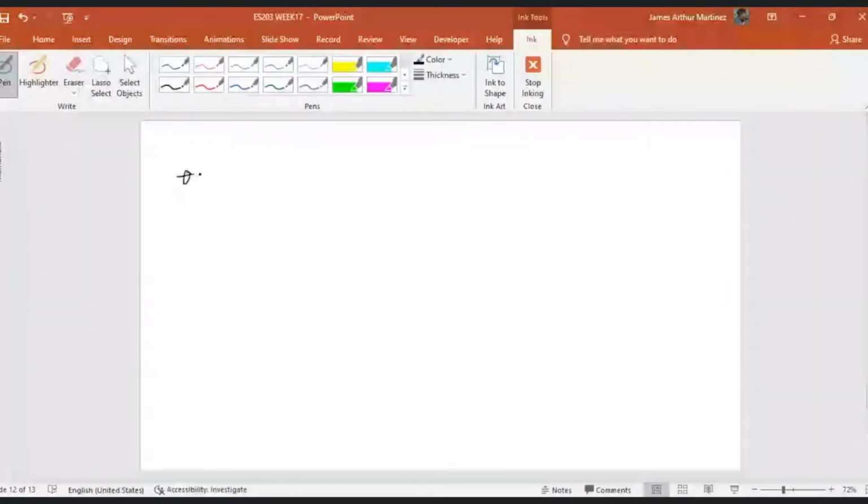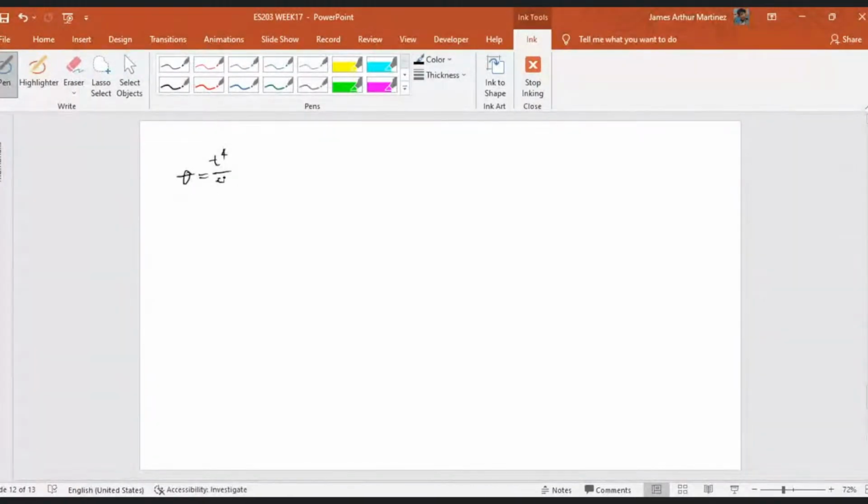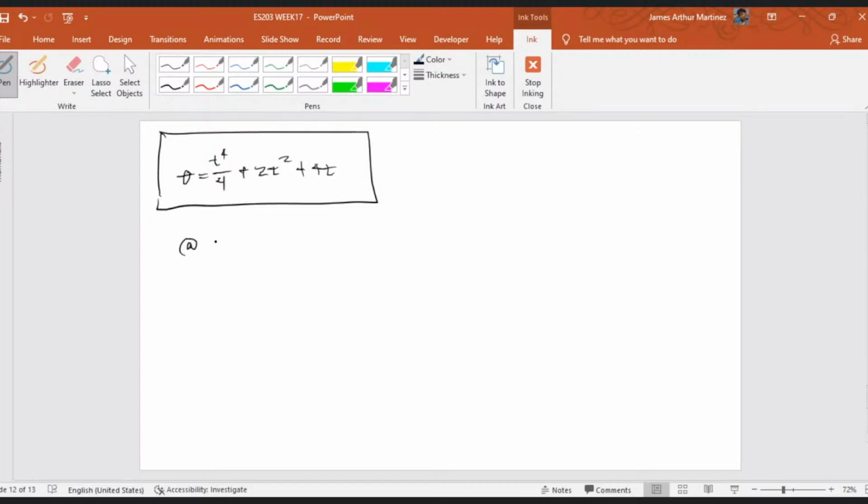Theta or angular displacement is equal to t raised to 4 over 4 plus 2t squared plus 4t. So we now have the equation for angular displacement, and then we apply the boundary condition given, at time 3 seconds.